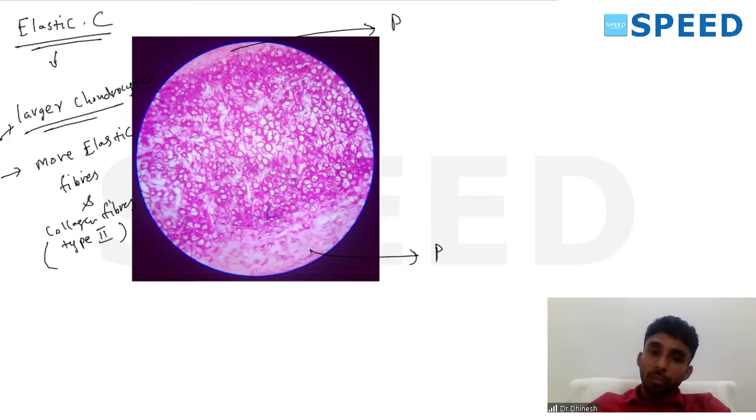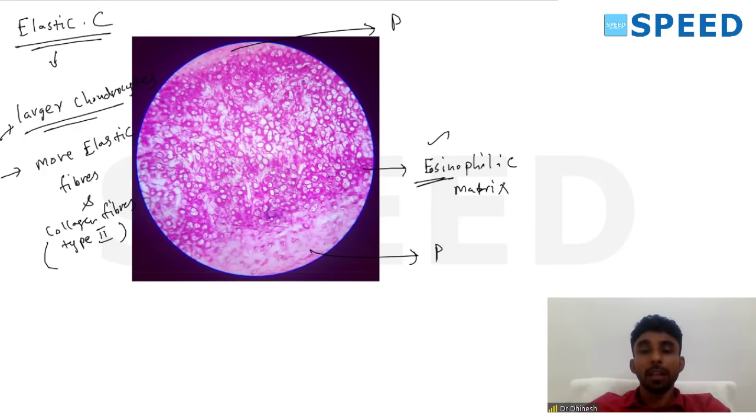What is the nature of the matrix? It is eosinophilic, appearing pink. But we have studied that in hyaline cartilage it is a basophilic matrix. Elastic cartilage contains an eosinophilic, pink colored matrix. These are the points for identifying the slides of hyaline cartilage, elastic cartilage, and fibrocartilage.